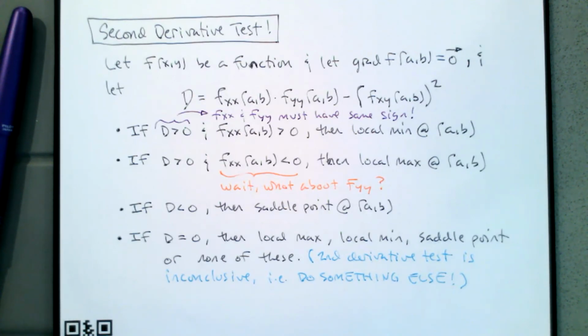But that also helps us when we get to the saddle point business. If D is negative, then we definitely have a saddle point because we got concave up in one direction, concave down in the other direction. If D is going to be negative, that means Fxx and Fyy have different signs, or Fxy at (a, b) is very large.